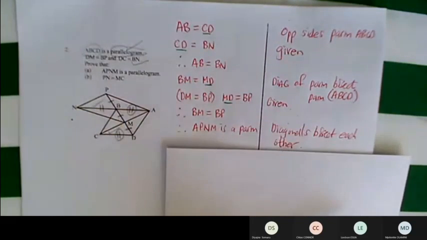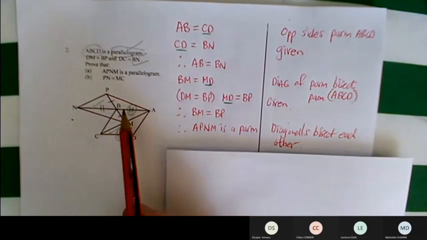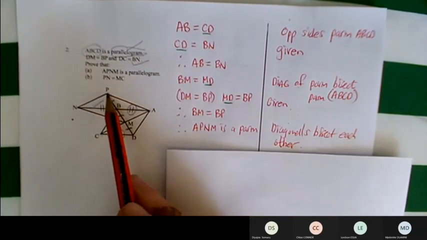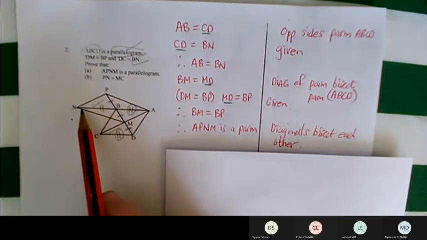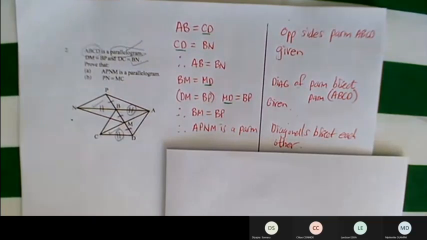So what do we mean by diagonals bisect each other? We mean that this whole distance is cutting off over there. This whole distance is cutting off. So this piece equals that piece, and that piece equals that piece. Once you can prove that those pieces equal each other, then it's a parallelogram. Okay, I hope that one made sense.